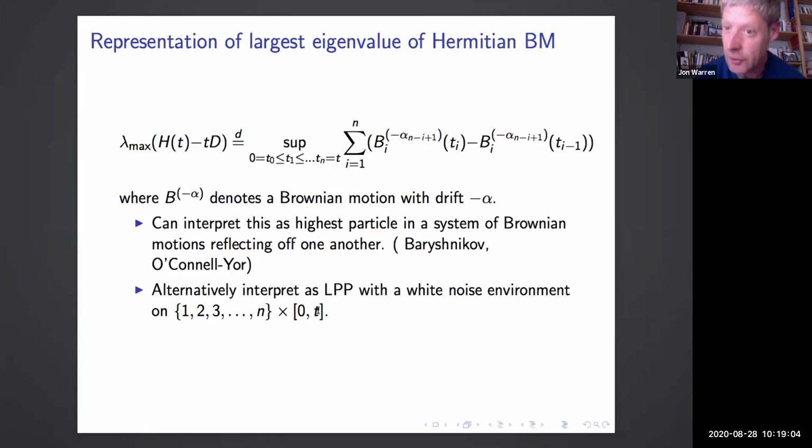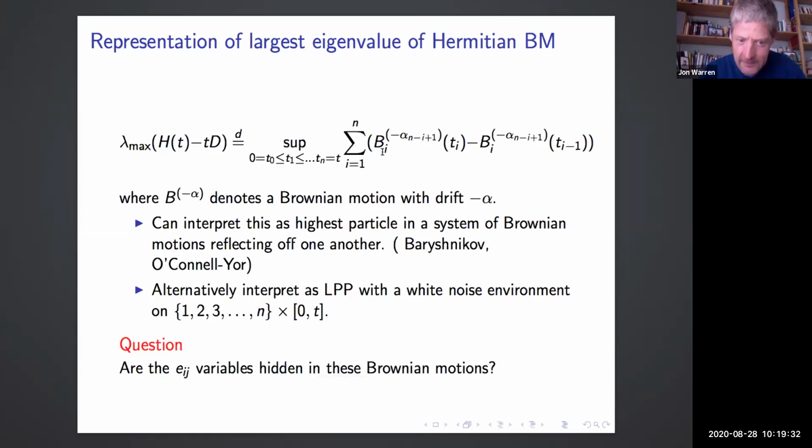So there's always an issue with, can you find a construction which somehow relates the random variables rather than just their distributions? And if you look at this formula here at the top of the page for the largest eigenvalue involving n independent Brownian motions, and you bear in mind the classical result that I started with, which was that the maximum of a Brownian motion with drift is an exponential random variable, then what you would like to do is find the EIJ random variables hidden in these Brownian motions appearing on the right-hand side at the top of the page.